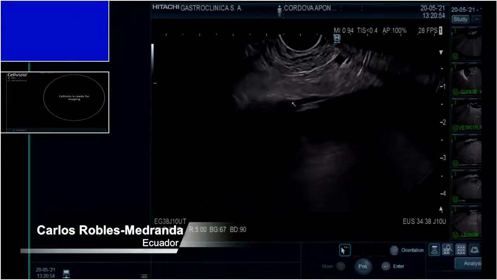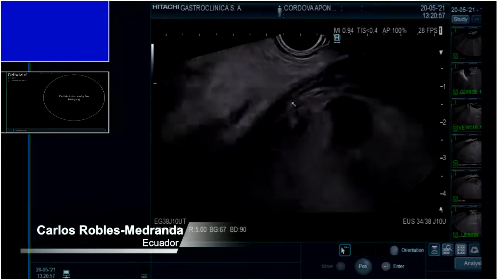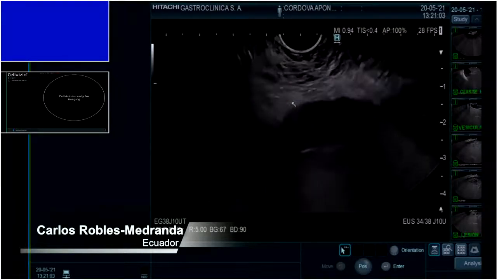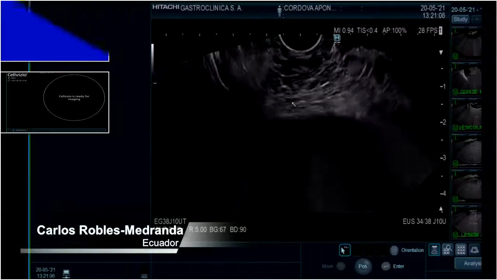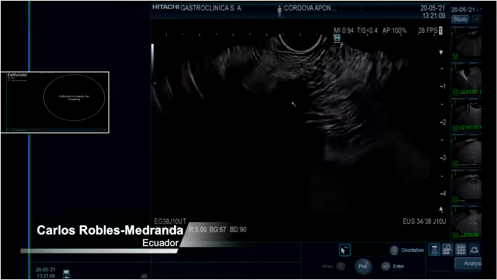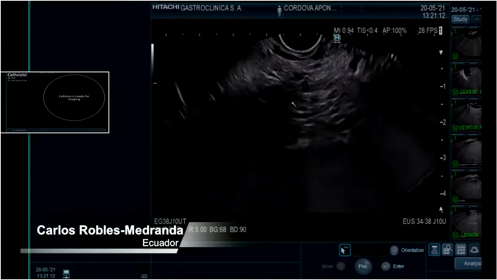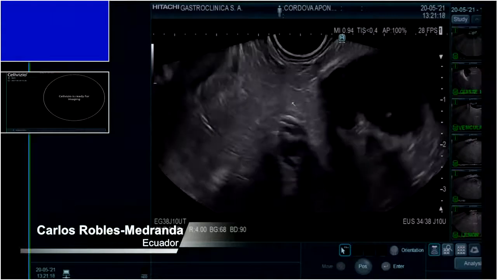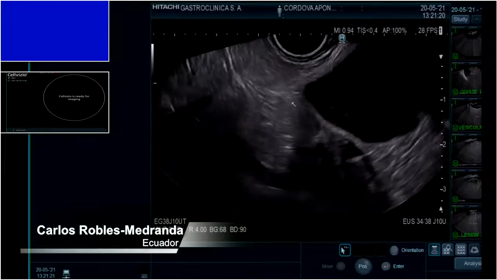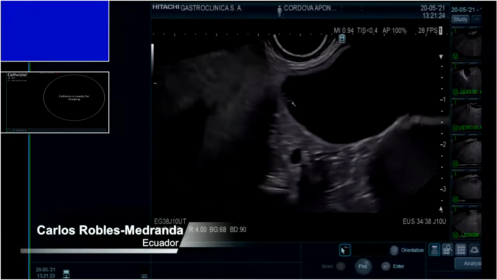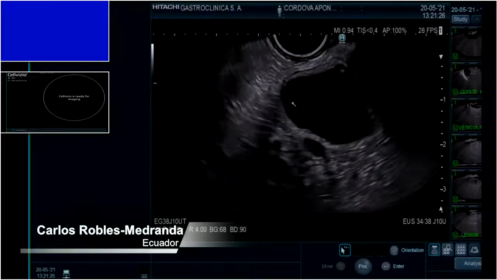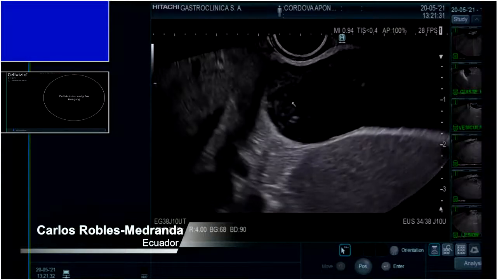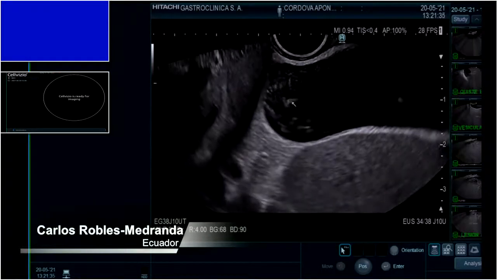So I am trying to look for a lot of other parameters that can help me to have a diagnosis using just the B mode in ultrasound. You see a lot of microlithiasis.